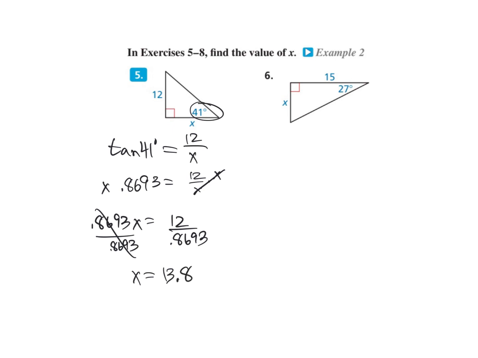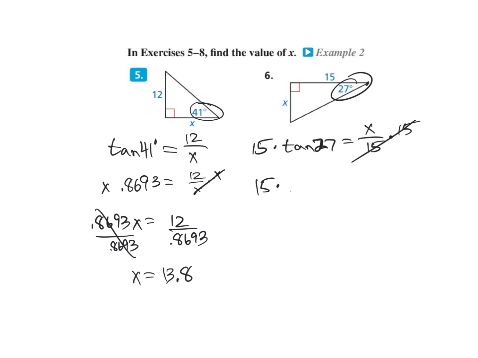All right, now here's the angle. So that's the corner that we're starting from. So we take the tangent of 27 equals the opposite leg x over the adjacent leg 15. Now x is not in the denominator, so this is easy to solve for. We'll multiply by 15. So what is the tangent of 27 degrees?